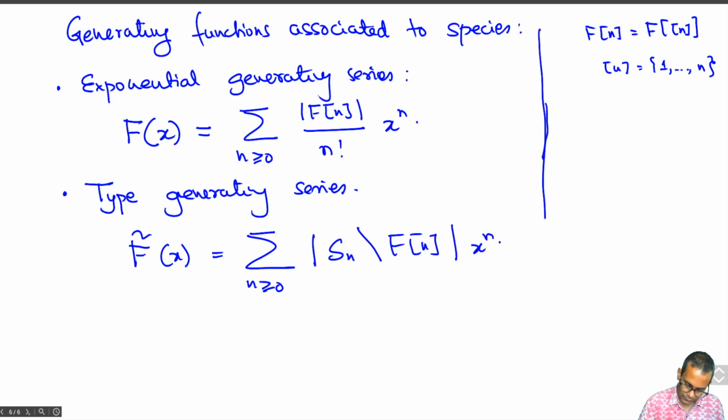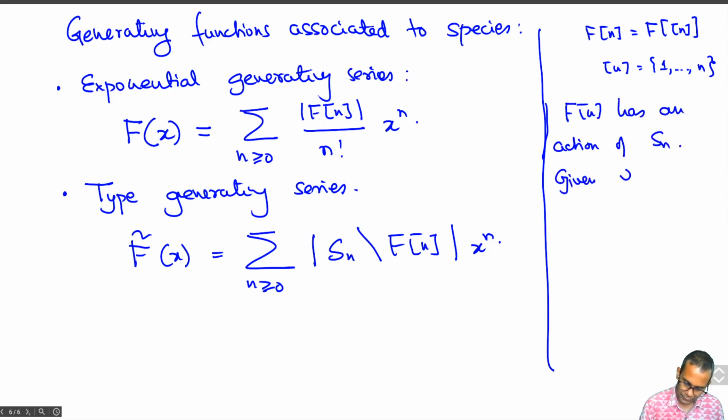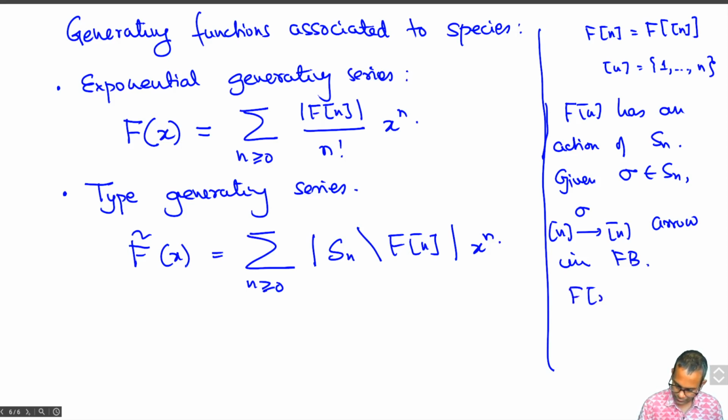So what you should notice is that Fn has an action of Sn. Given sigma belongs to Sn, well, sigma is an arrow from n to n. It's an arrow in the category FB, and therefore we can talk about F sigma.